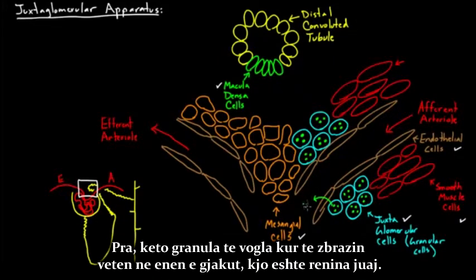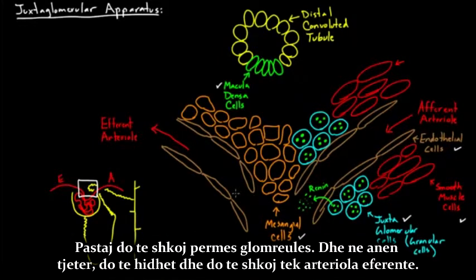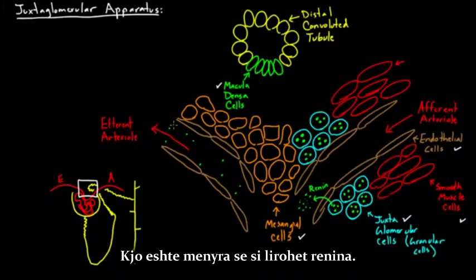When they dump themselves into the blood vessel, this is your renin. That renin is going to make its way into the afferent arteriole, just the way I drew it. Then it's going to go through the glomerulus, and on the other side it's going to sprinkle out and go out the efferent arteriole. So that's the way renin gets released.